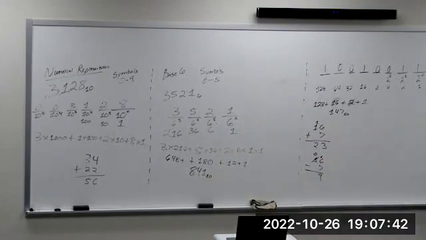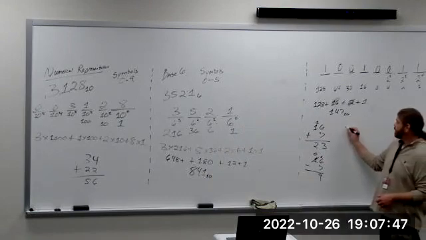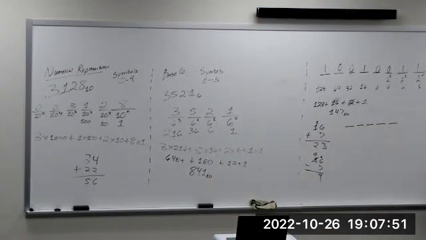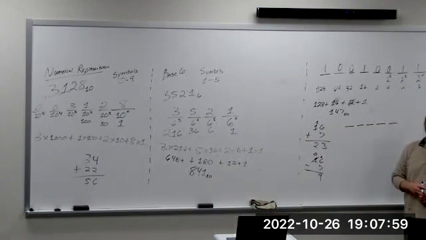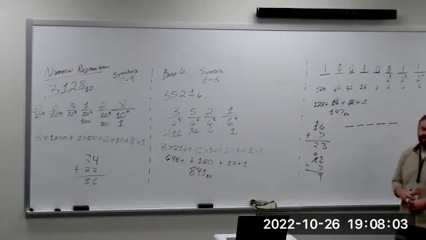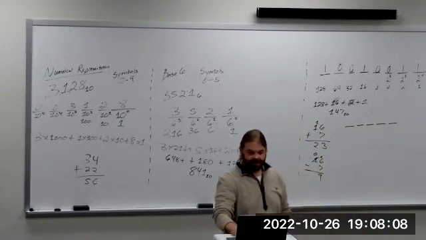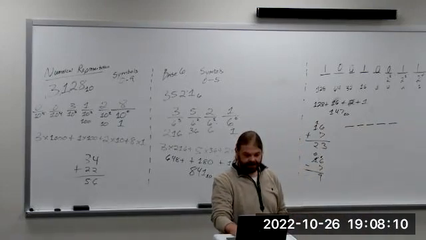So these numbers: 16, we need 5 bits to write. Somebody want to tell me how to write 16 in binary? That's an easy one, right? Anybody in the Zoom call? We're just filling in columns, right?